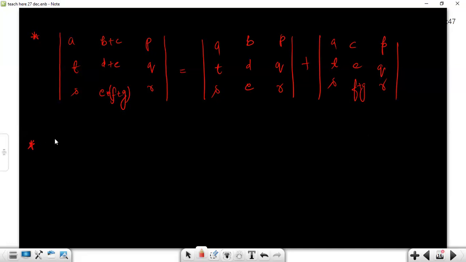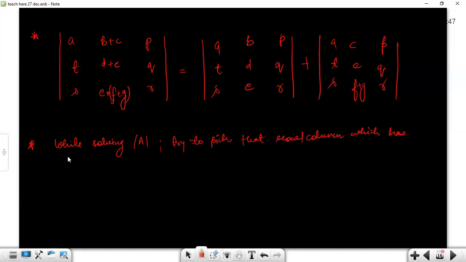There's one more property, very important. And this is an important technique. Whenever solving the determinant of any matrix, try to pick that row or column which has the maximum number of zeros.